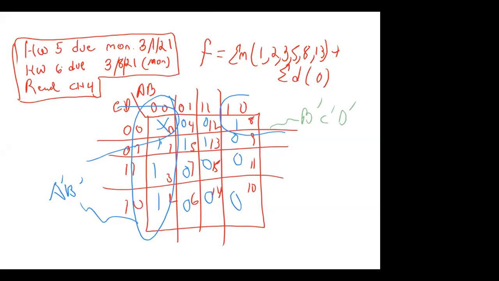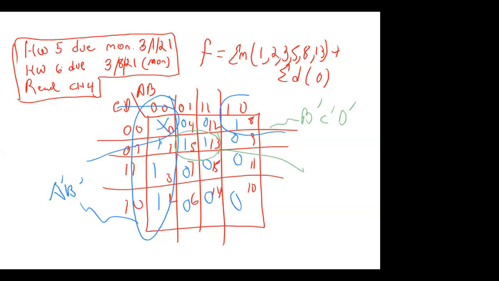How about these other things that haven't been looped? 5 and 13. What's the best loop for that? Loop them together. And what's the product term for that one?